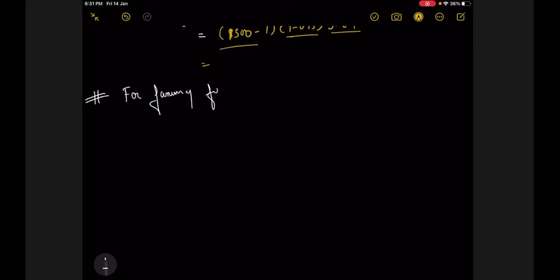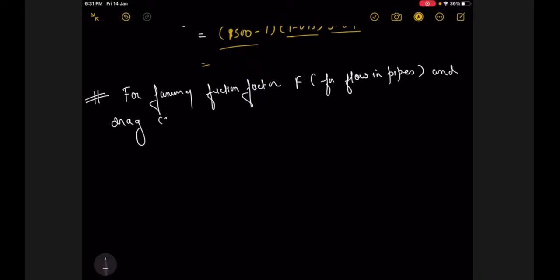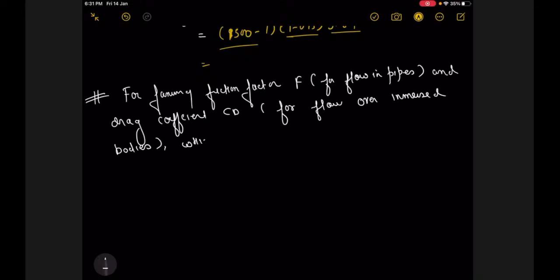For fanning friction factor, F, for flow in pipes, and drag coefficient CD for flow over immersed bodies, which of the following statements are true?